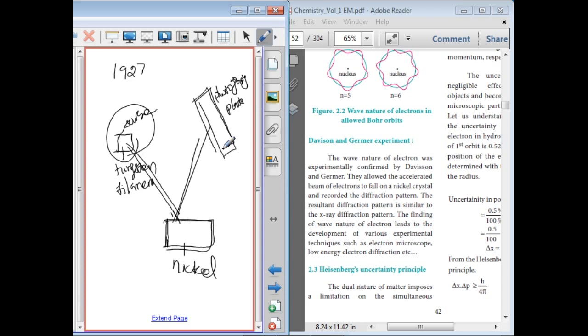Moreover, the wavelength of electrons determined by the diffraction experiment is found to be in agreement with the values calculated from the de Broglie equation. So from the above discussion, it is clear that the electron has a wave nature.